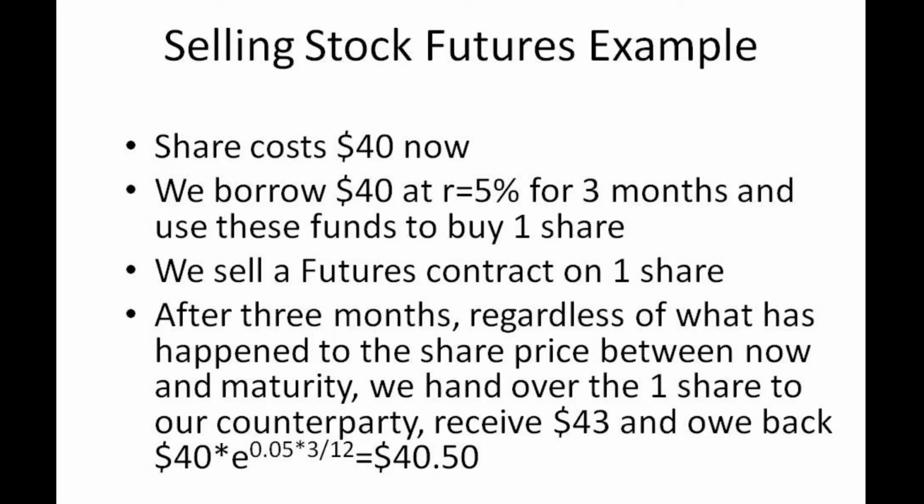We receive the $43 that we've agreed upon, and we owe $40 that we've borrowed times e to the 0.05, which is the interest rate, times 3 over 12. That's 3 months over 12 months, so 3 months of the year. And so what we owe back is $40.50.